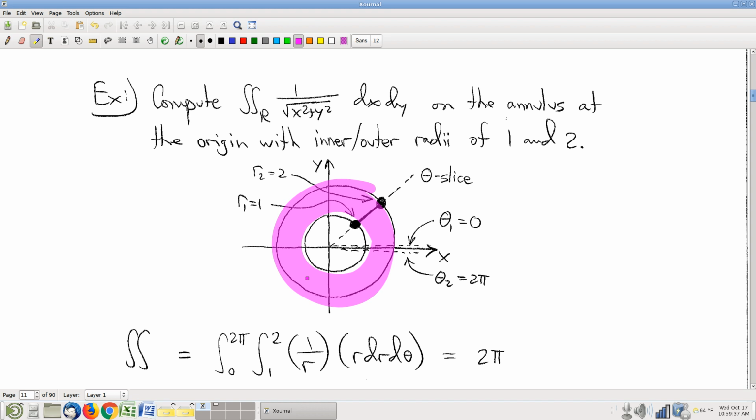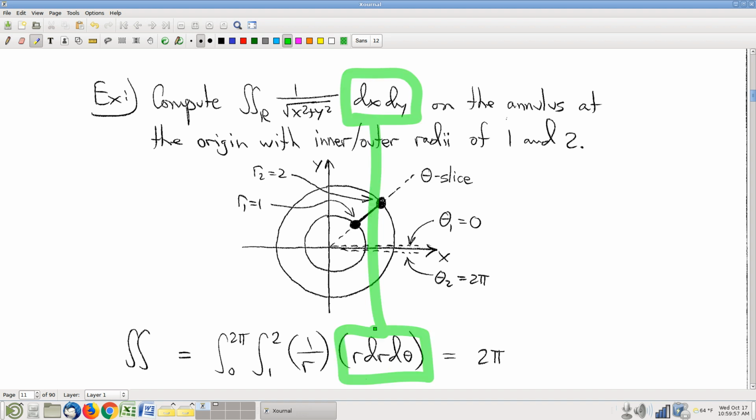It has helped for me to make a big deal out of it in class. Don't forget the stretching factor. Oh my gosh, it's a big deal. It helped, but it still happens. Right? So make sure that's not you. Make sure that you don't ever replace dx dy without including the r as r dr d theta.